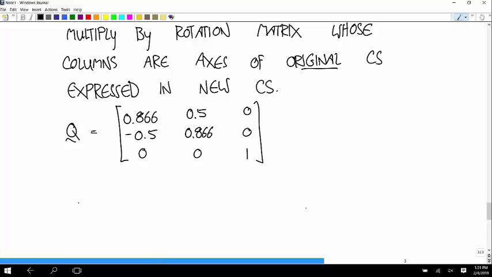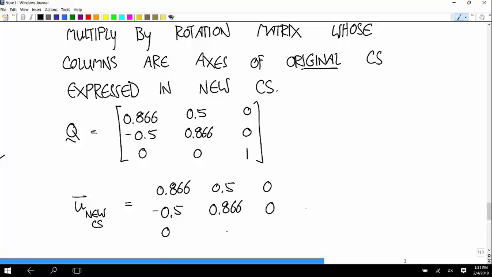And so now the vector in the new coordinate system is equal to this matrix times the original vector, that vector in the original coordinate system.